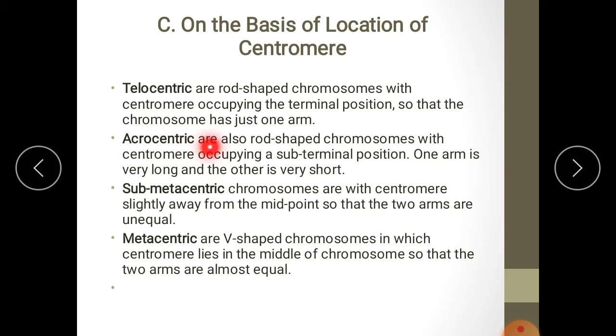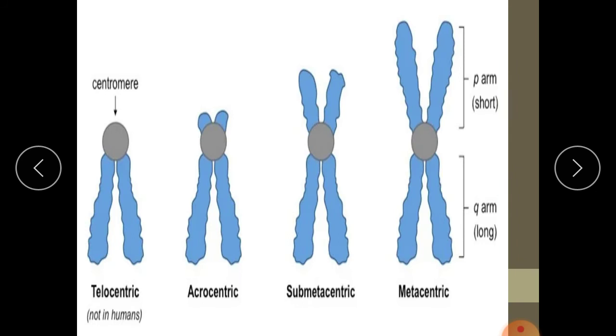Acrocentric chromosomes are also rod shaped structures, with the centromere occupying a subterminal position. One arm is very long and the other is very short. Two arms are there, one short and another long. So such chromosomes are called acrocentric.